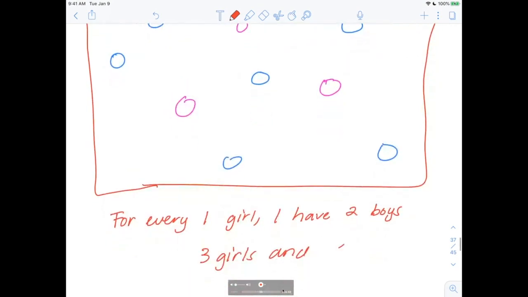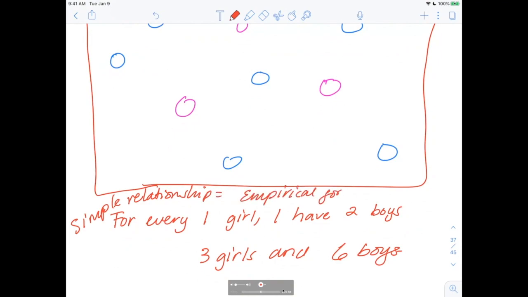I have 6 boys. Okay? But they want a simple relationship. So this right here is a simple relationship that is technically the empirical formula. For every one girl, I have 2 boys.